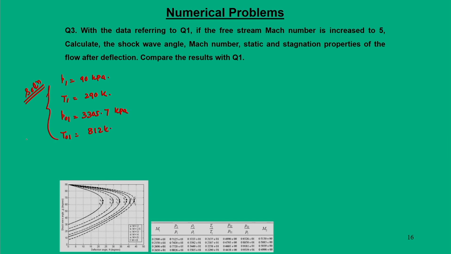So, this refers to M1 equal to 3. Now, this M1 becomes 5, theta remains the same.